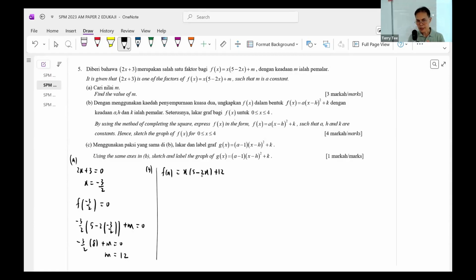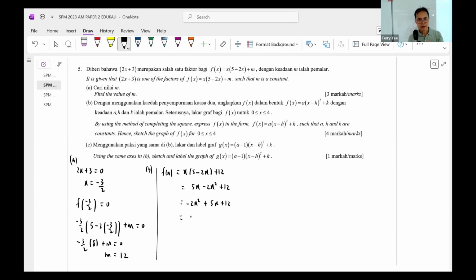This x I expand first. This is 5x minus 2x squared plus 12. I'll do it very, very slowly. If you want to complete the square, we need to factorize this expression such that the coefficient of x squared is 1. So maybe I put negative 2x squared first, plus 5x plus 12.